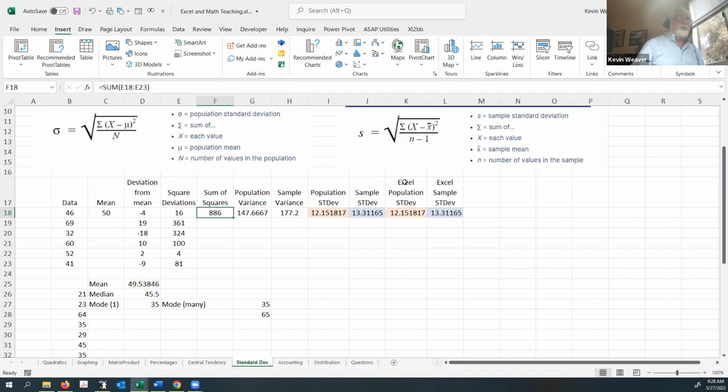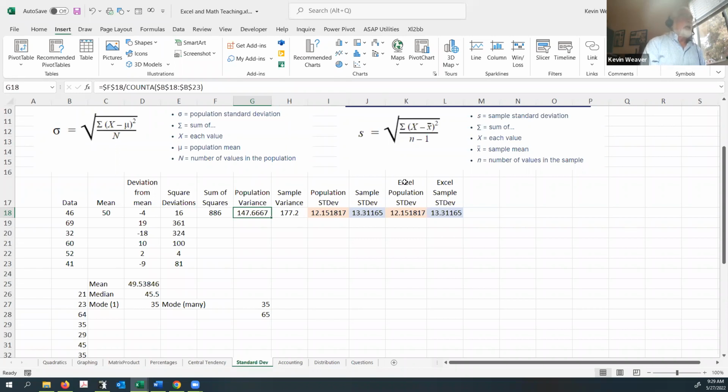Then I need to divide that sum by, if it's the population, n. In a large database, I certainly don't want to have to count them. So even in this small database of 6 numbers, I use an Excel built-in formula called COUNTA.